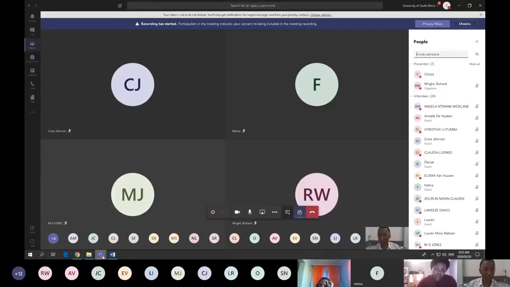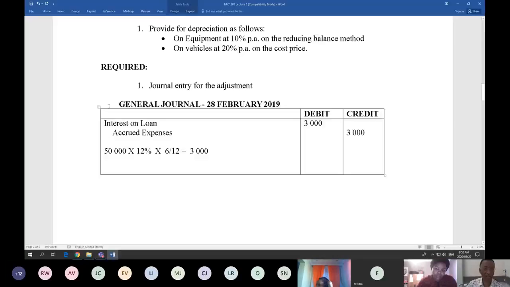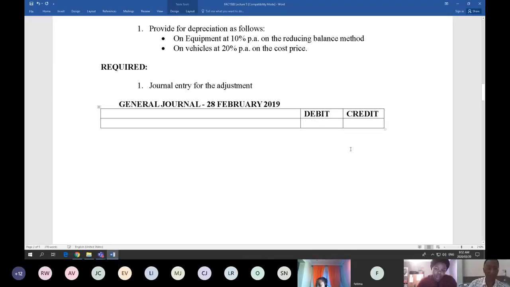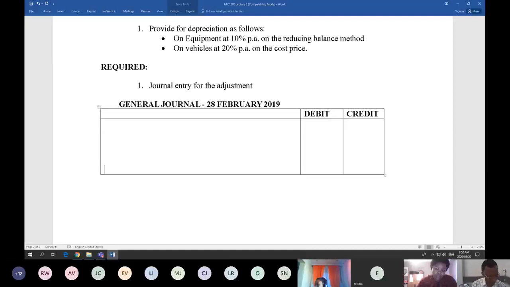Right, guys, I'm on to my next adjustment now, the next one. And the next one deals with the rental. Now, as far as our rent is concerned, guys, the adjustment tells you that the rent for February is still outstanding.